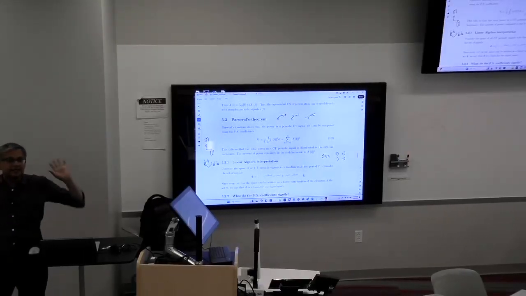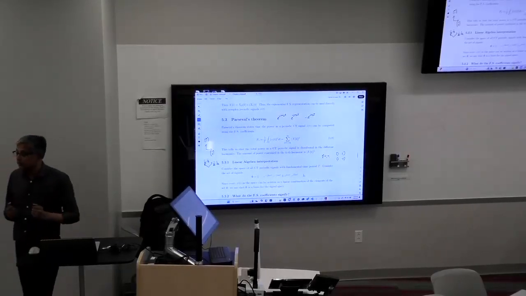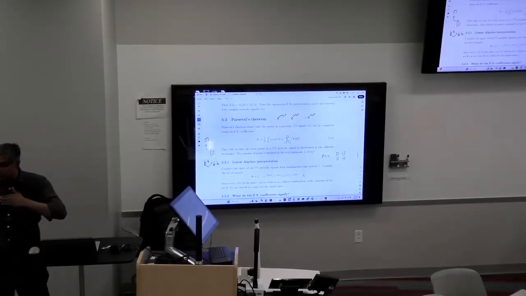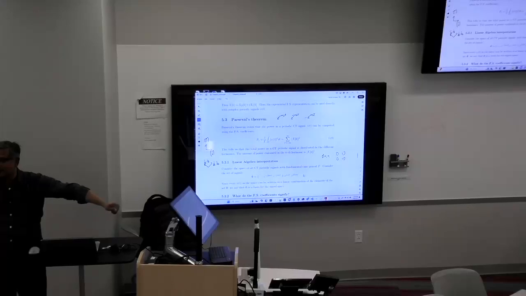Think of all of these as basis vectors, right? What Fourier's result tells you is that this forms a basis for periodic signals, which means if I give you a periodic signal, you will be able to write it as a linear combination of these signals. So that's what it means for something to be a basis. That make sense?